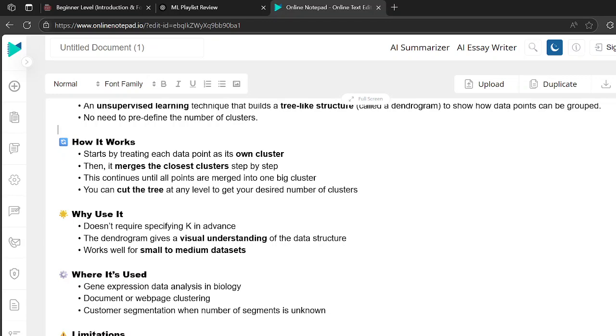We can cut our tree slightly before the combination of all the clusters into one big cluster to get like 5 clusters. We can cut our tree right before the formation of the last cluster to get 2 clusters or 3 clusters, for example. So that's how we use it.